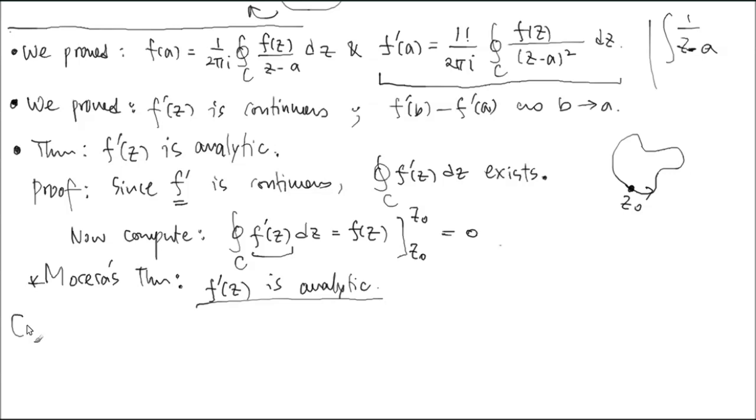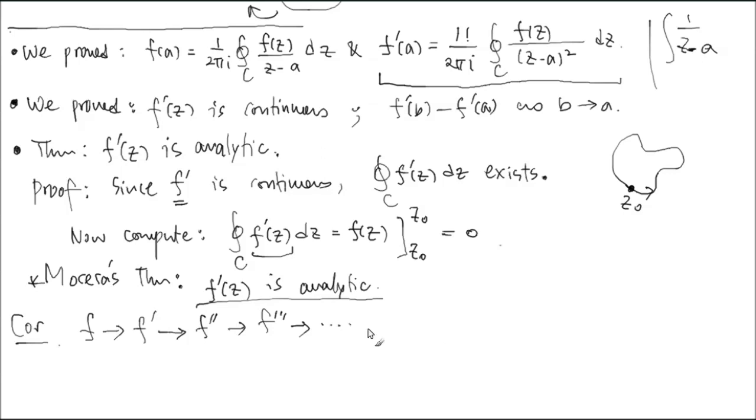Here's a corollary to this theorem. f is analytic, f prime is analytic, right? f prime is analytic, then f double prime is analytic. If this is analytic, f triple prime is analytic, right? And it goes forever.